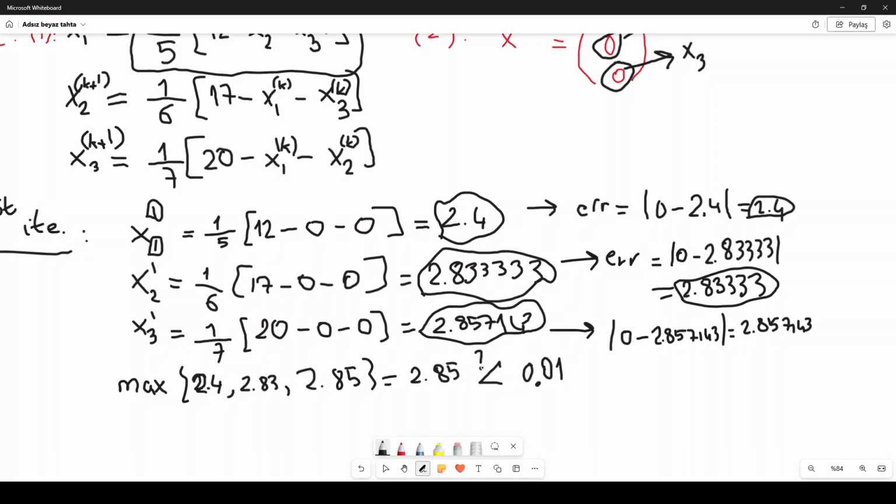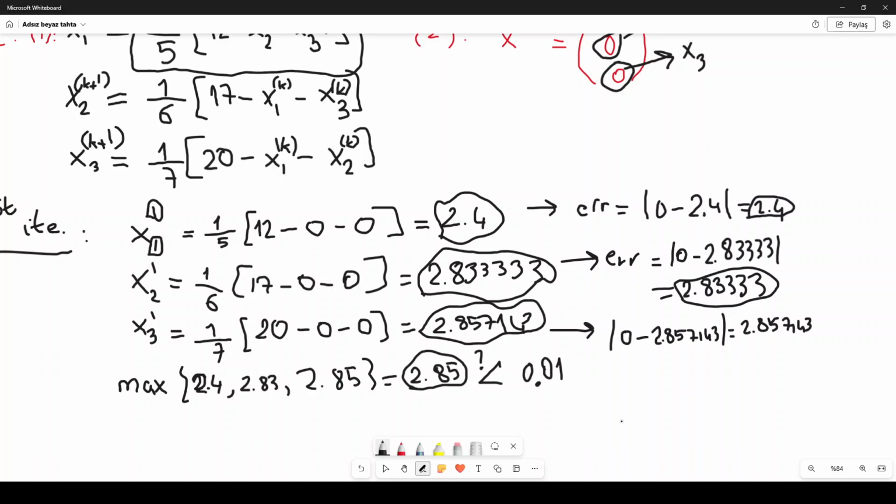Okay, and if the maximum of these errors for the unknown variables is less than this error tolerance, then that means all the newer values are below the desired error tolerance, and that means we are done with our computation process, and then we stop and produce the output that we obtained at that iteration, and we don't keep iterating.